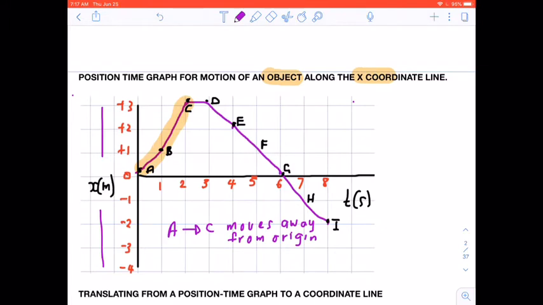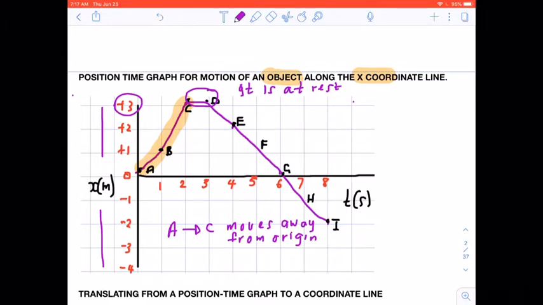If we look at CD there, it is at rest, because as time elapses, its position is still +3.